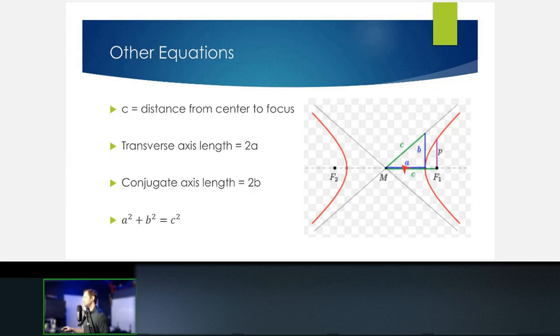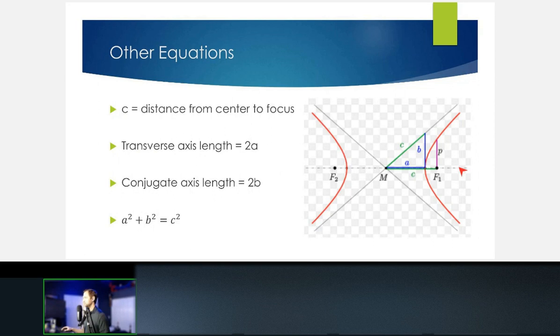Now, we don't have major or minor axis labels. In hyperbolas, we call them transverse axis and conjugate axis. So your transverse axis will always be however it opens. Now, because this one is a horizontal hyperbola, so it opens up left and right, that means this is your transverse axis.